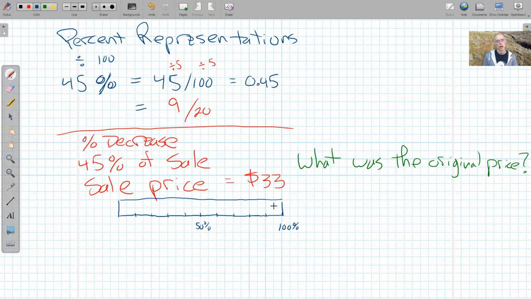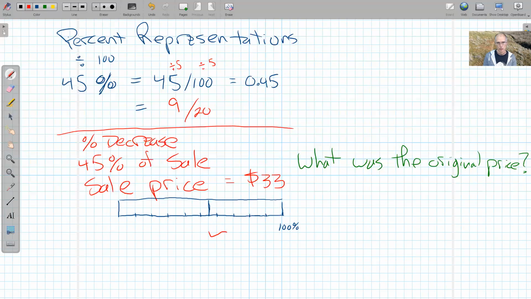With a percent off, I'm taking from 100%, 45% off. So if I back off 45%, that'd be 10, 20, 30, 40, 45% off would be right here. So if I have 45% off, that means I pay 55%. Clean this up a little bit.